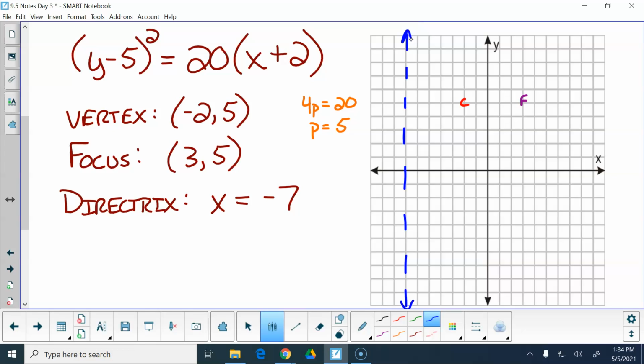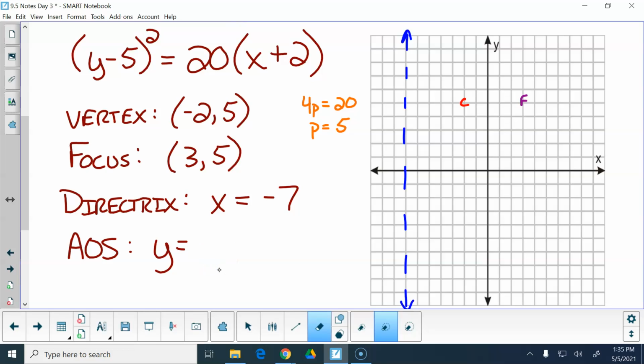Axis of symmetry is the fourth thing that we need. That's the line through the vertex and the focus. Oops, I put y equals already. I don't need to be the Department of Redundancy Department. Y equals 5 as our axis of symmetry. Width of our parabola is 20, because that's 4p.